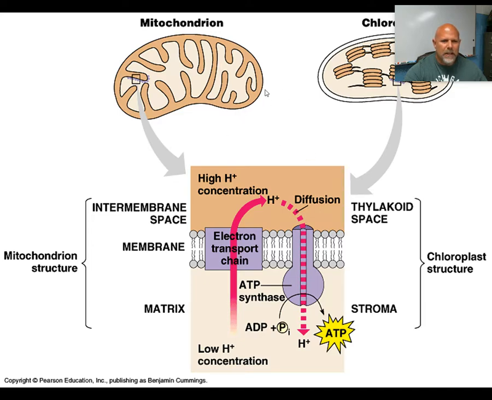Probably early on, these guys were related. We'll talk about a theory later on where we think that mitochondria and chloroplasts might have been independent organisms at one point. We're not 100% sure, but we're pretty confident that that's the case.